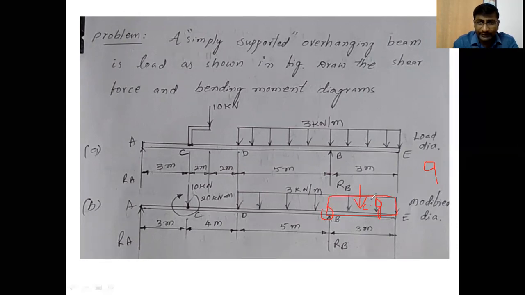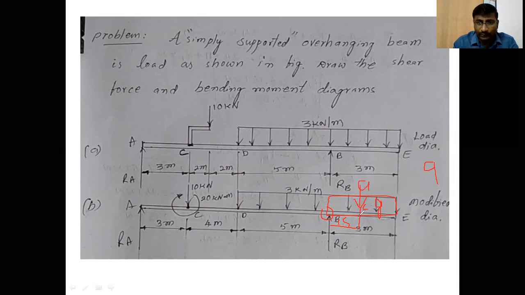Where is it located? The center of gravity of this rectangle is at the center, that means at 1.5 meters; total 3 meters is there, so the center of gravity is located at 1.5 meters distance. At that center of gravity, the total load of 9 kilonewtons will be concentrated.